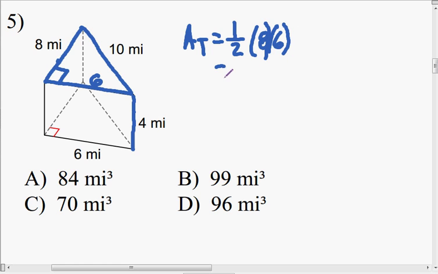And that's the same as 8 times 6 divided by 2.